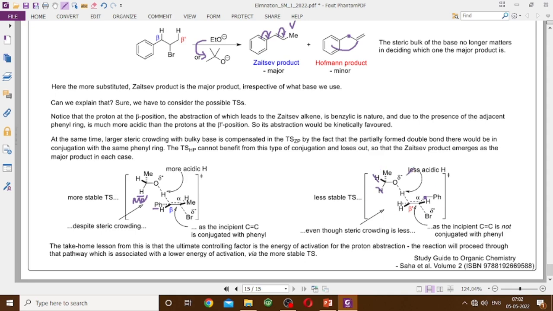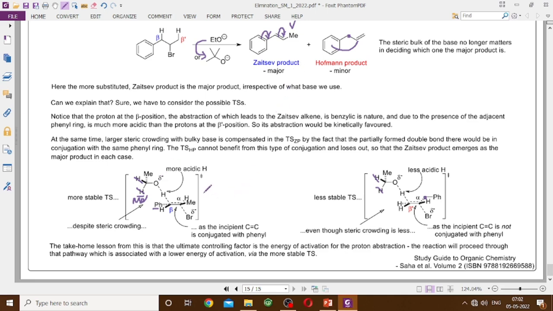Although this transition state will be sterically less crowded, the conjugative stability offered by the phenyl in the other transition state is the more important factor, and the Zaitsev product will be the major product.